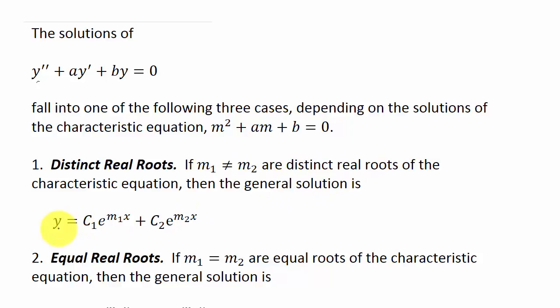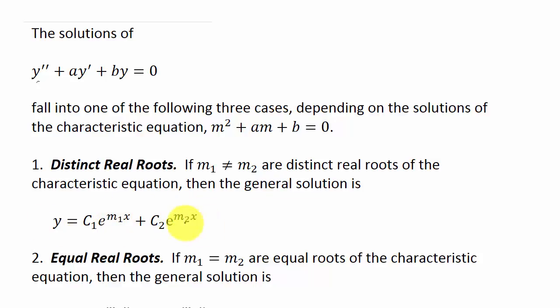So that means y is equal to c1 e to the m1 x, that's one of the solutions, plus c2 e to the m2 x, the other solution. In our problem, you can call m1 the negative 1 or the 3, it doesn't matter. We'll just say m1 is negative 1 and m2 is 3.